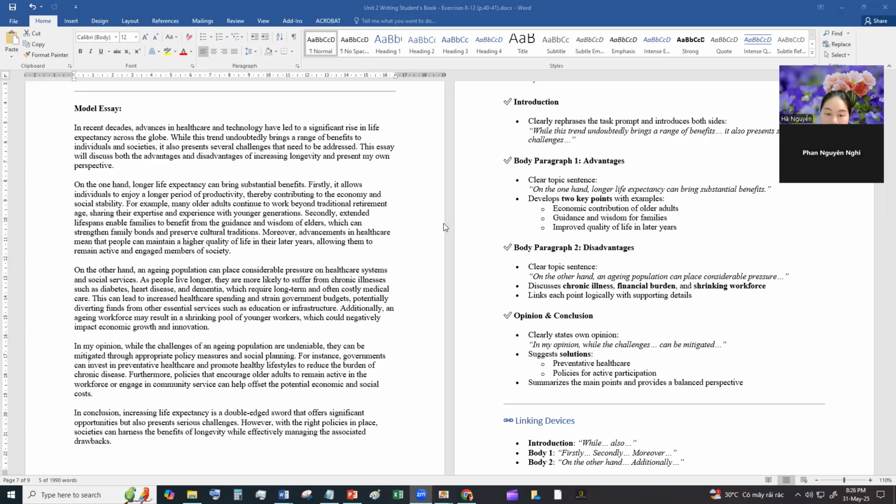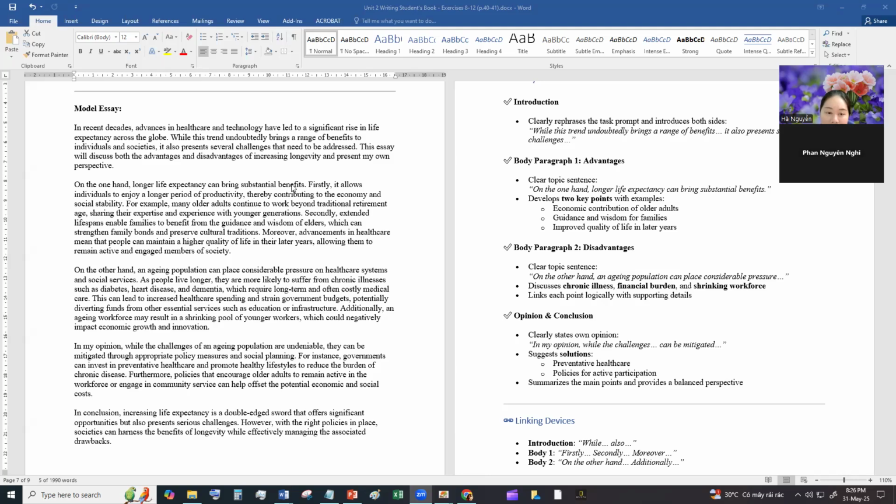So Nghi, please read that and read that again if you have time, okay? And I would highly suggest that you read and reread and think about the language, think about how the sentences are formed in academic writing. So for example, on the one hand, longer life expectancy can bring substantial benefits.